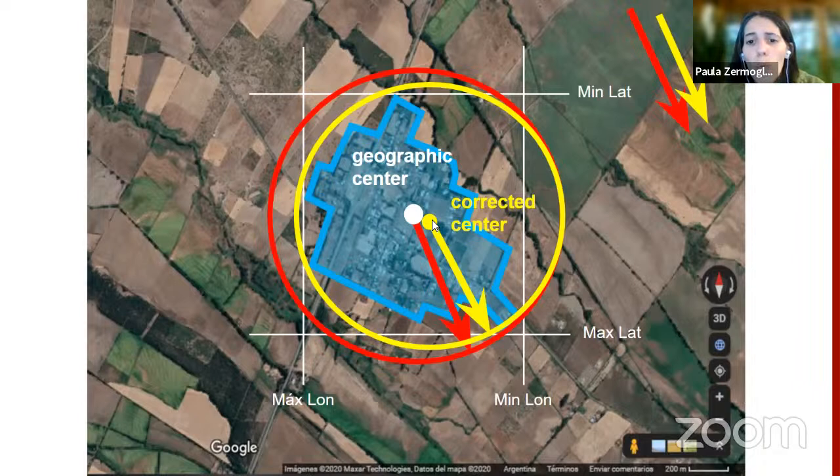And so we talk about the corrected center for the minimum circle that encompasses the location, in this case the town. Hence we define a corrected radial that is the radius of that circle centered on the corrected center. This is going to be important because when we georeference, we're trying to minimize the uncertainty, the error that is associated with our georeference.